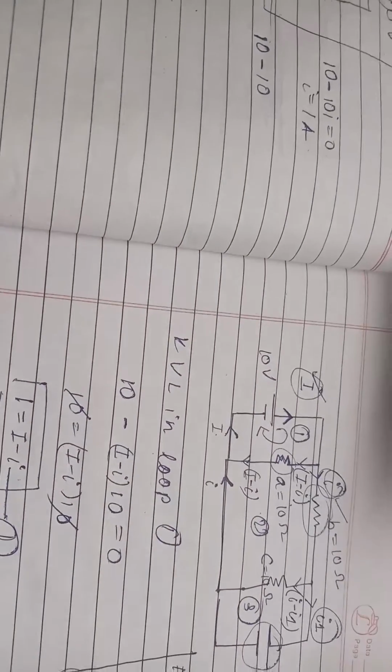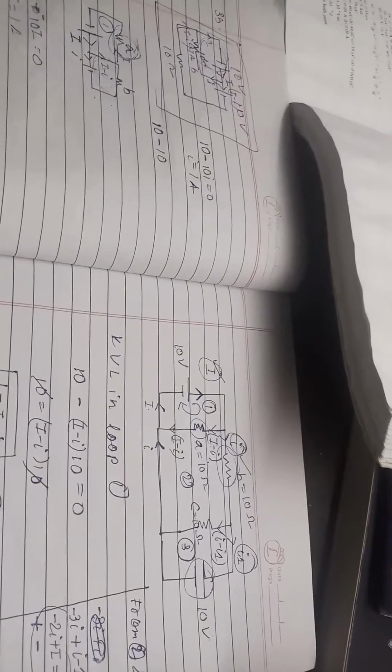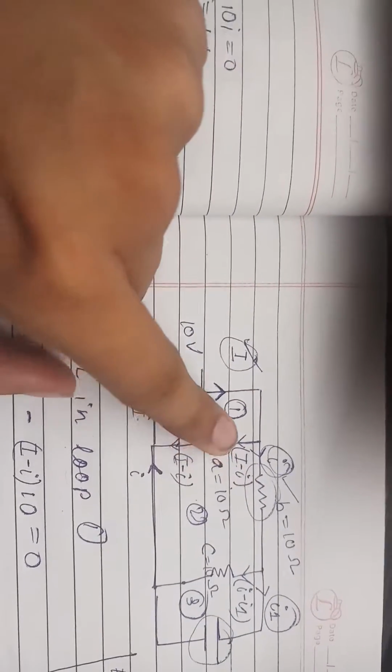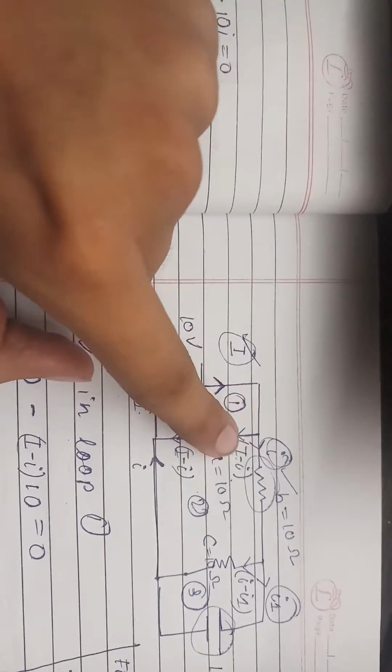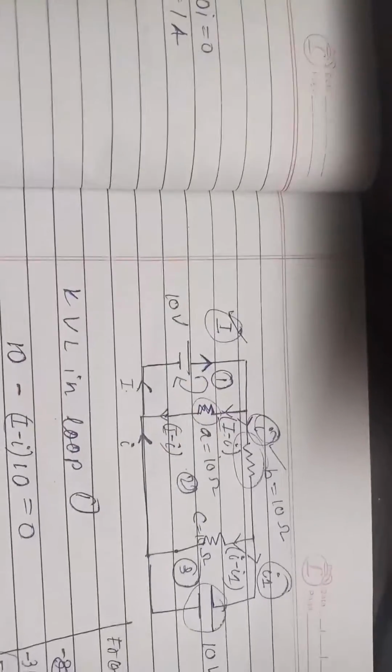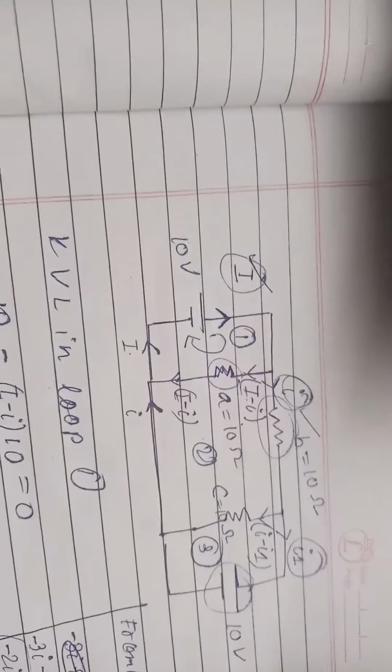Let me quickly check the answer. It's question number 35 subpart B. 1 ampere in A, as you can see, it's capital I minus small i. Small i is 0, capital I is 1, so 1 minus 0 is 1 ampere. The answer is right.